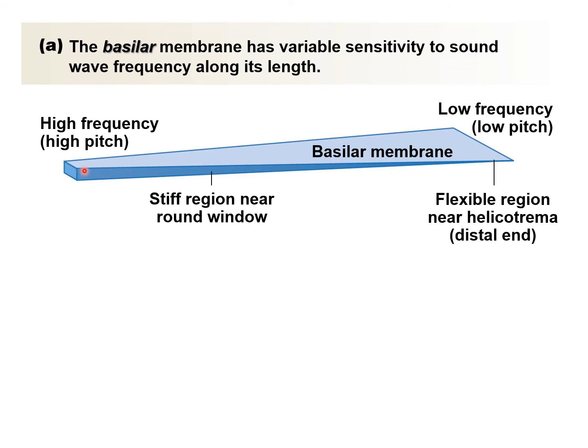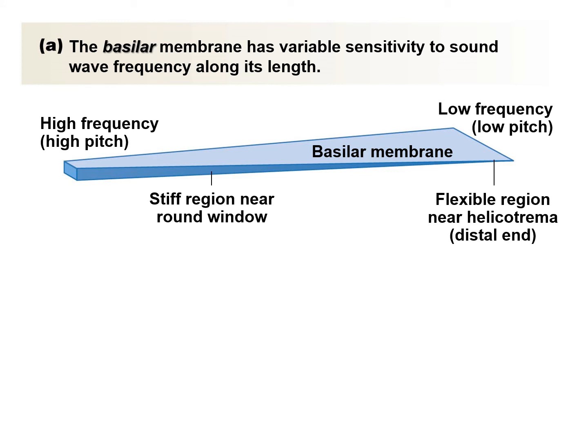So at the proximal end, where the sound waves enter the fluid of the cochlea, the membrane is relatively thick, and it will vibrate at a certain pitch. But as we get further and further away, that basilar membrane gets thinner and thinner. And the thinner it gets, the lower its resonating frequency is.